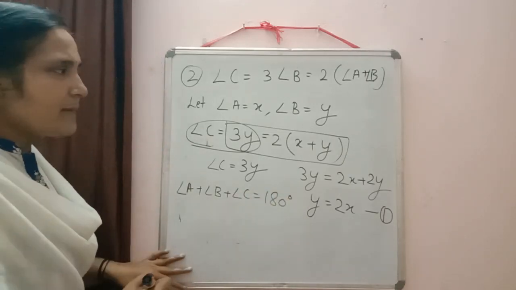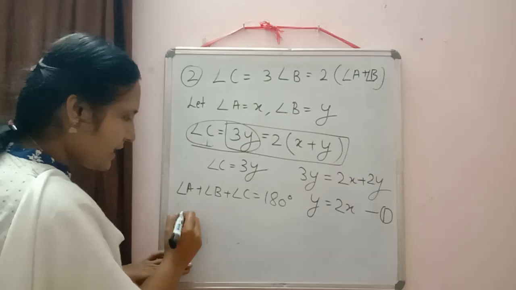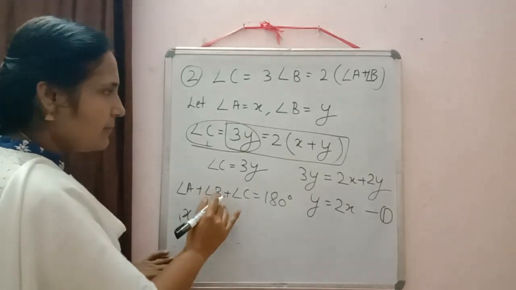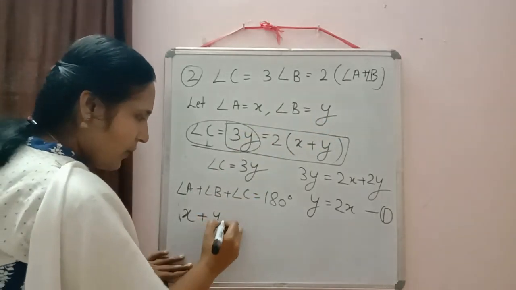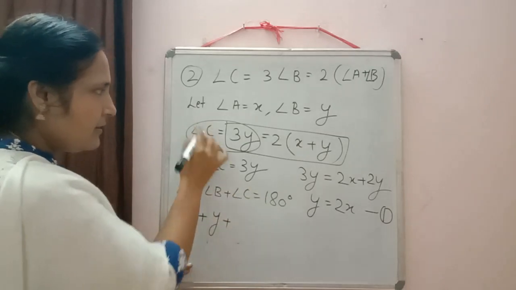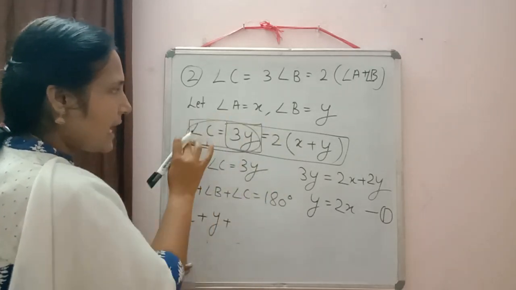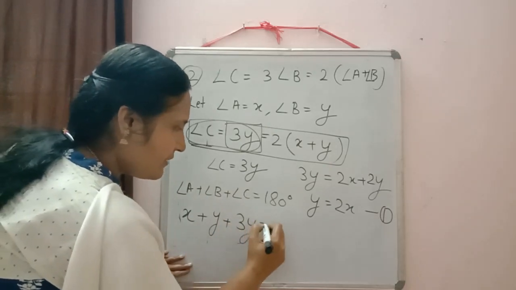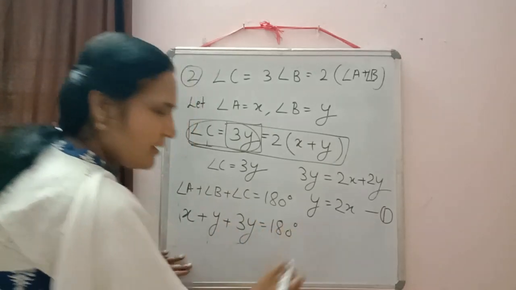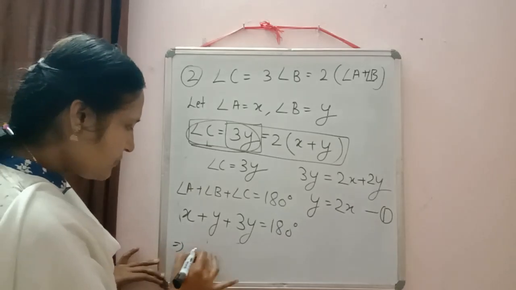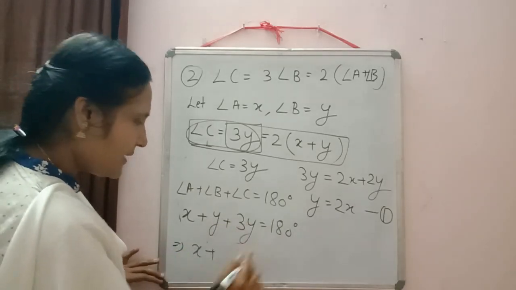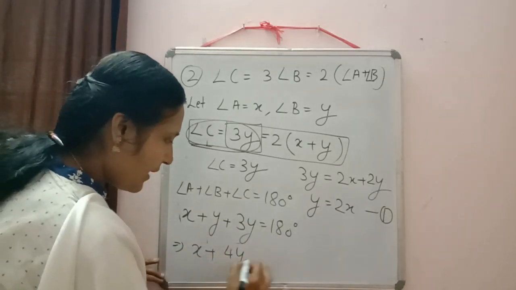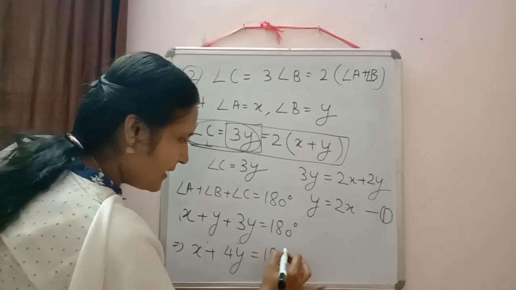Now we are going to substitute the values. Angle A we have taken as x, angle B as y, and angle C, when we equated these two, we got 3y. So x plus 3y plus y, that is x plus 4y, is equal to 180 degree.